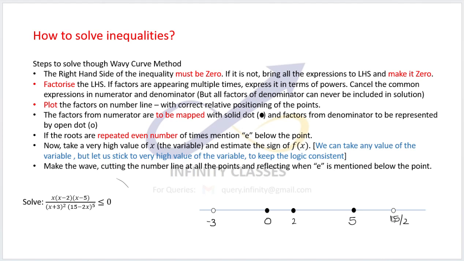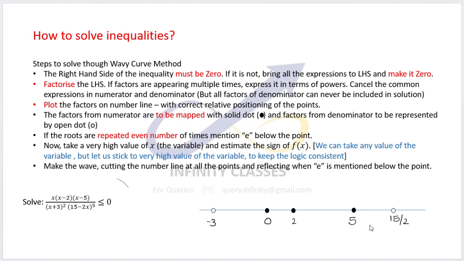Be very careful here: the relative positioning of these points should be correct. The distance between them does not matter at all, but the relative position does. So 2 should come after 0, and minus 3 should be on the left hand side of 0.